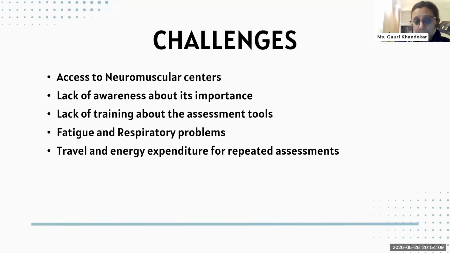Sometimes fatigue and respiratory problems mean we cannot assess the child completely, and there is travel and expenditure for repeated assessments. But apart from that, if the individual comes for regular functional testing, it gives a lot of idea about the functional status, and in turn it helps us with the interventions.